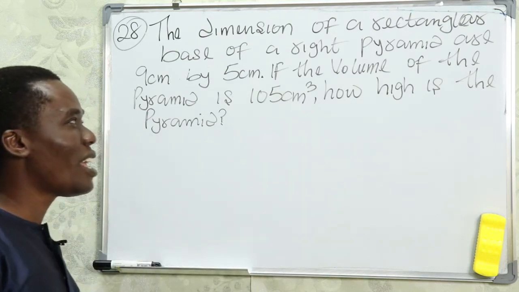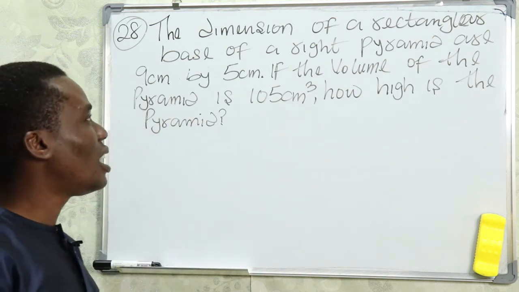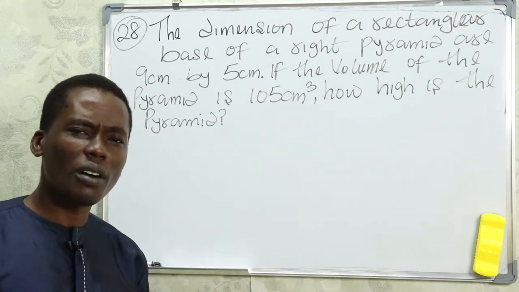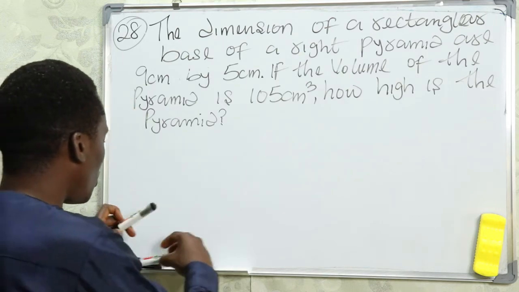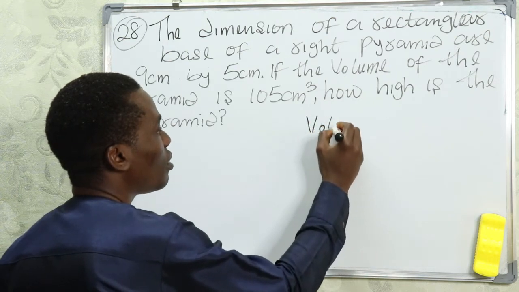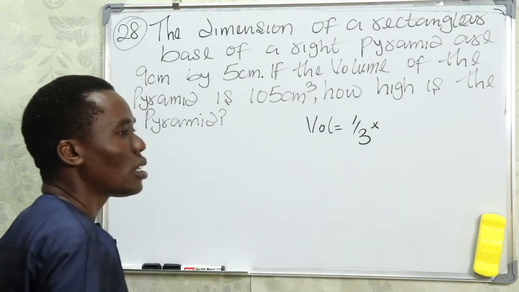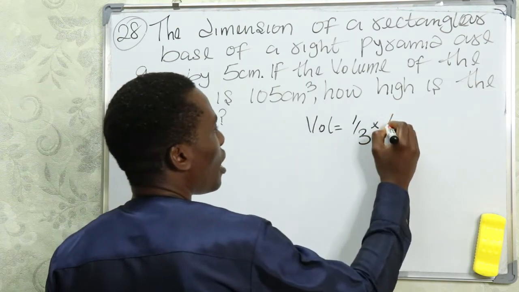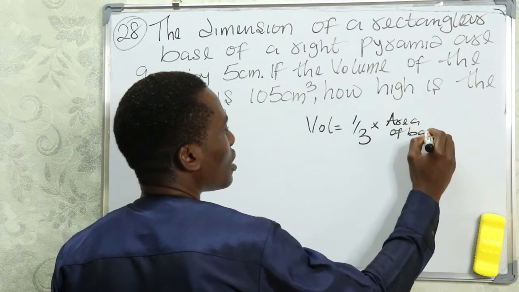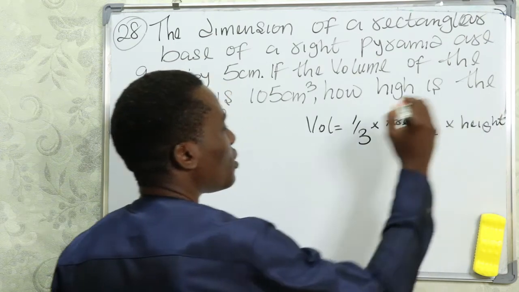Now generally we can use a general formula in solving a question under a pyramid, and the general formula for finding the volume of a pyramid is volume is equal to 1/3 times the area of the base times the height of that shape.